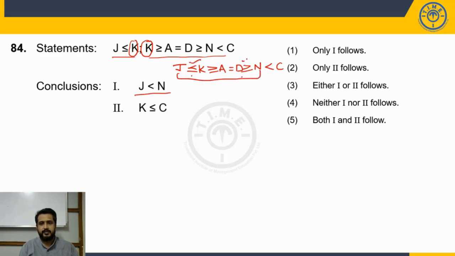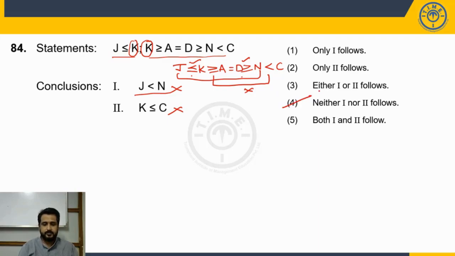So the conclusion does not follow because we cannot establish any relation. K less than or equal to C. Between K and C also we have opposite signs. So we cannot establish any relation. So neither 1 nor 2 follows. So choice 4.